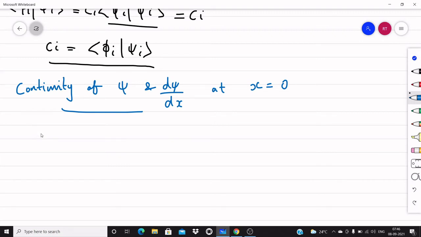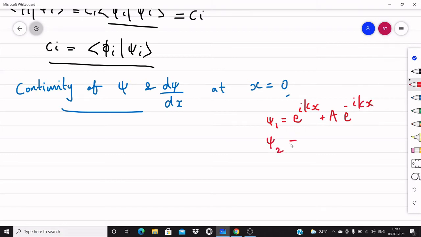Our wave function psi 1 is, let me write the wave functions once so that you won't be confused. Psi 1 is equal to e raised to ikx plus a e raised to minus ikx.